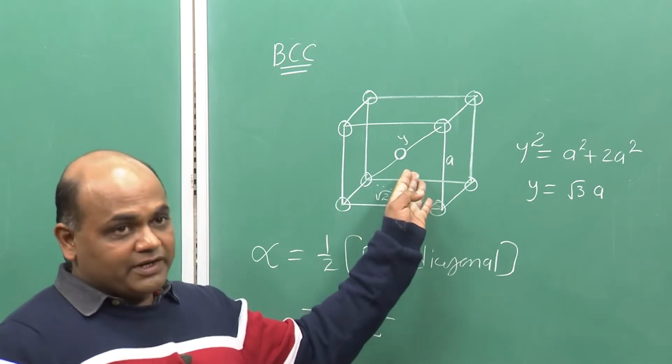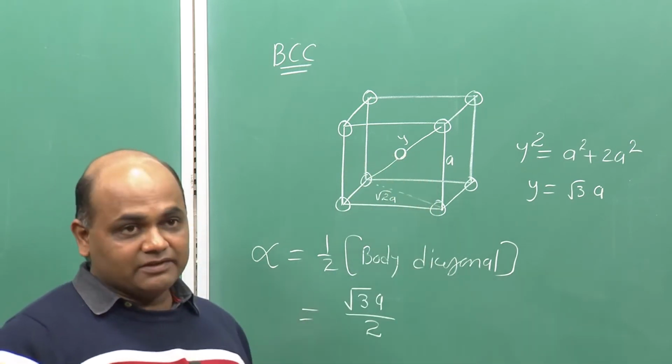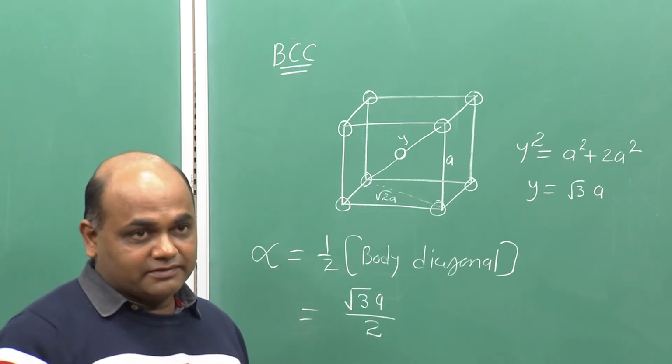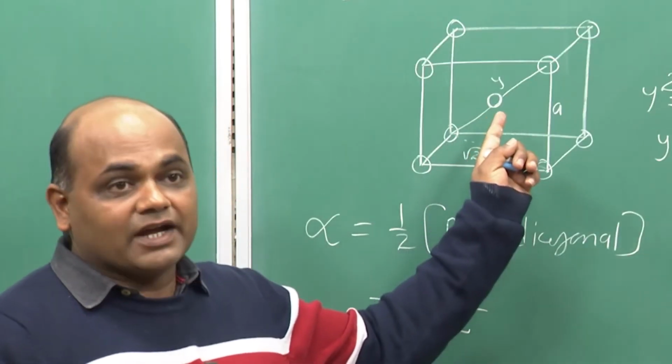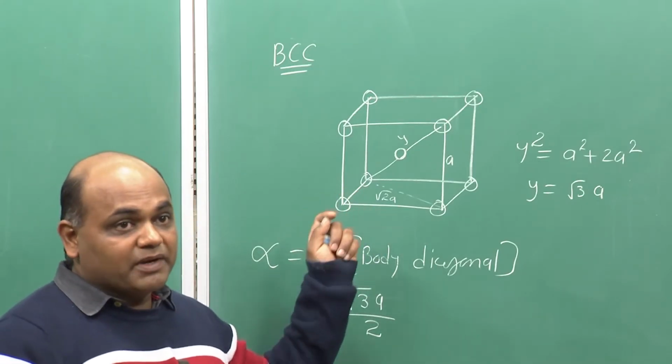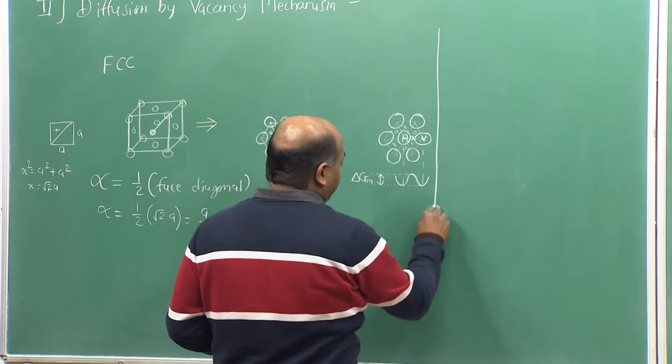Now, the saddle point configuration for BCC would be a little more complicated. To visualize that saddle point configuration, let us draw 2 interpenetrating BCC unit cells.